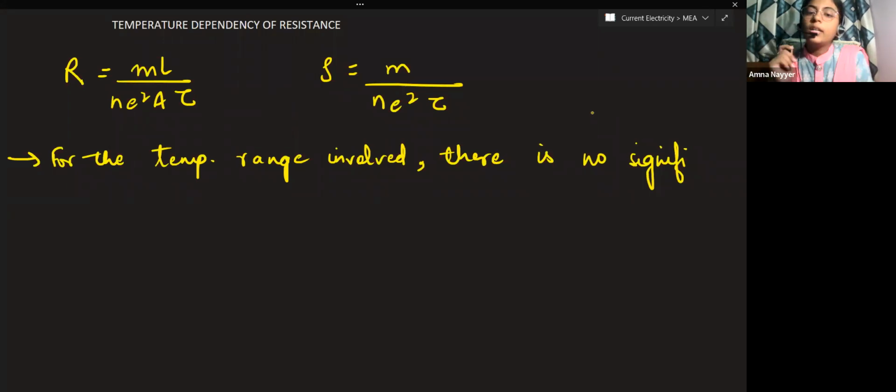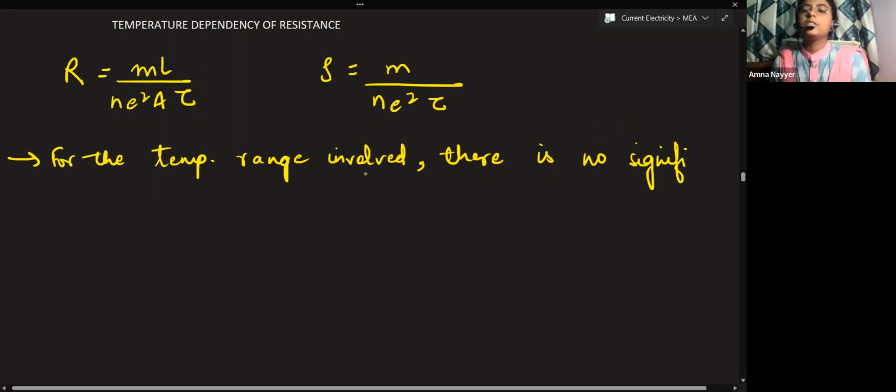So whatever the variation of temperature on resistance, we'll take it as the same on resistivity, because for the temperature range involved, there is no significant change in length and area.